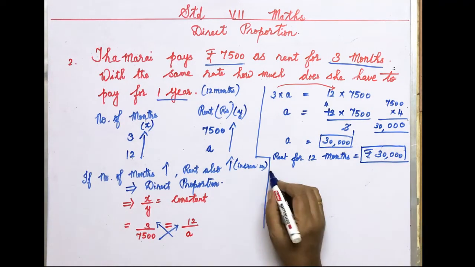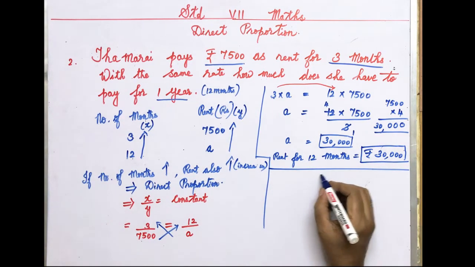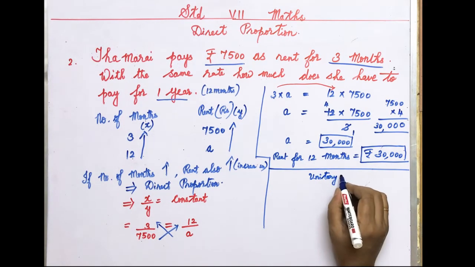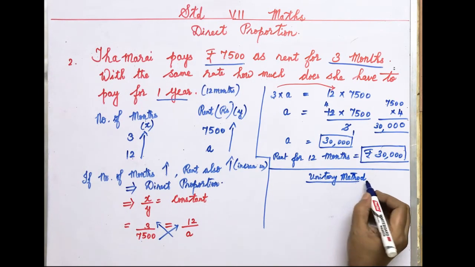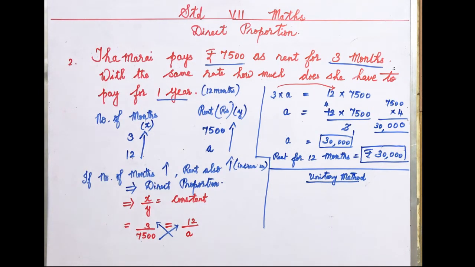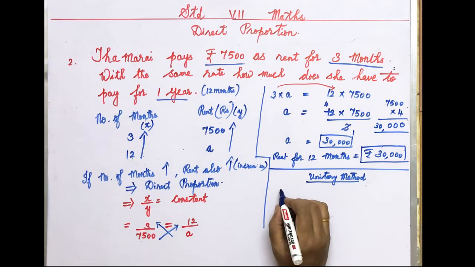Now this sum we can also do by the unitary method. What is the unitary method? We have to find out for 1 month, and next we have to find out for the required number of months. Now what is given?